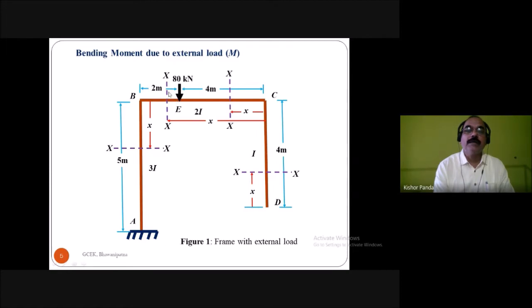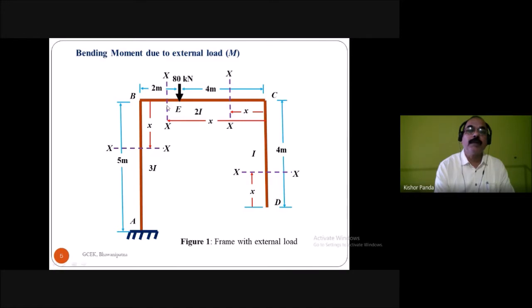Then you take another section between B and D at a distance x from the point C. So what is the moment here? Because when you are considering the right side, the load is present at the point E. So what is this distance? This distance is equal to x minus 4.